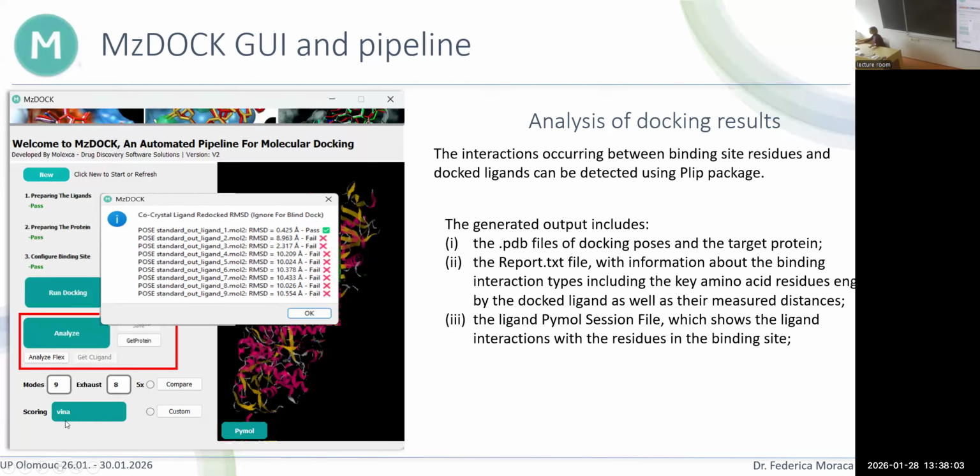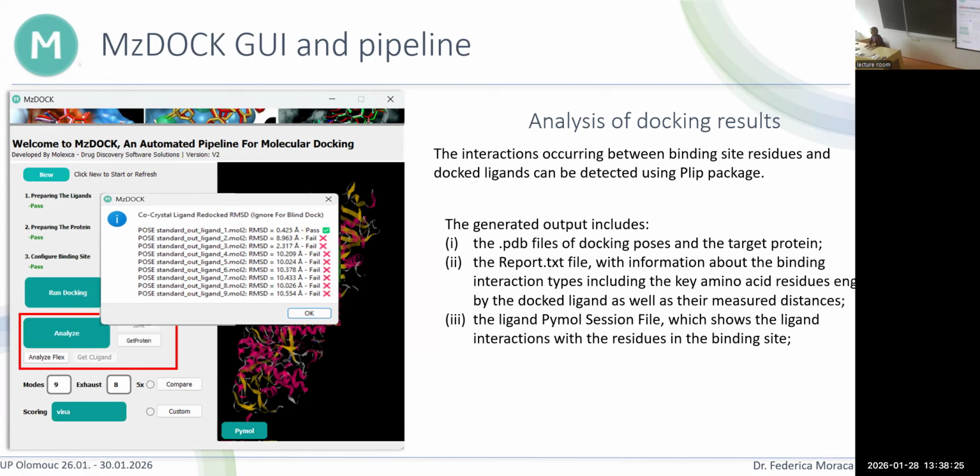So in this case, making a docking with Vina, we can see that among the 9 poses that we have chosen, the first one with Vina is below 2 angstrom.